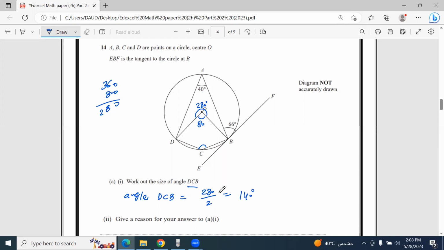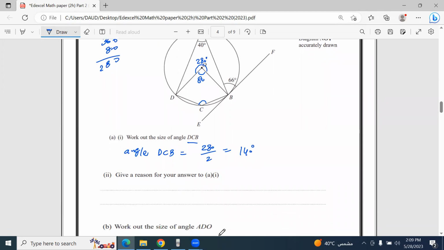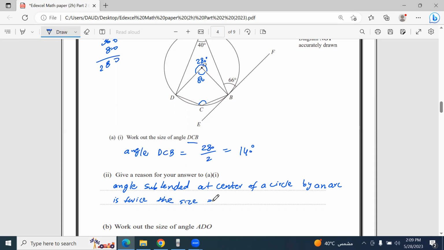So what concept or reason do we apply here? Here we can say that angle subtended means the angle between two lines at the center of a circle by an arc is twice the size of angle on the circumference subtended by the same arc.